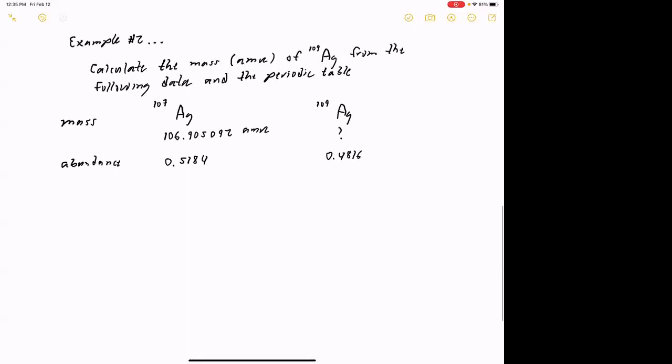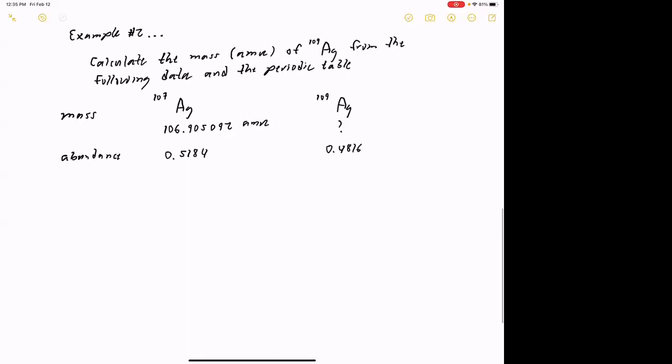Okay, so here's how I set it up. It's really just utilizing algebra coupled with that equation I gave you. I know what the total average mass of a silver atom is. I can go to the periodic table and get that, so I did exactly that. I know the total mass, accounting for all the isotopes. My periodic table tells me that's 107.87 AMUs.